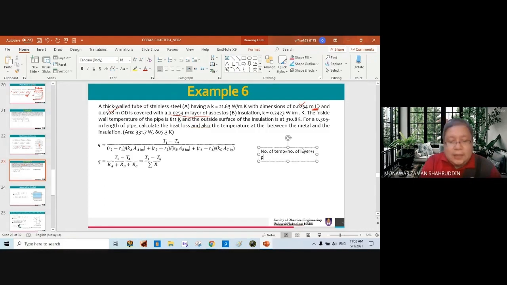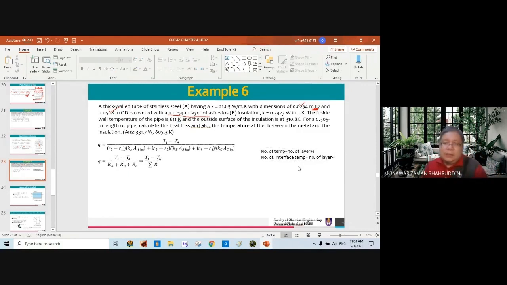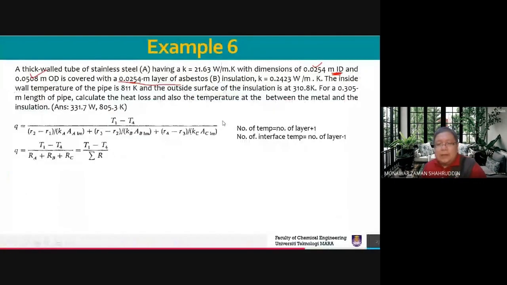Then number of interface temperature sama dengan number of layer minus 1. So number of temperature yang ada, including inlet ataupun inside and outside temperature, is number of layer plus 1.